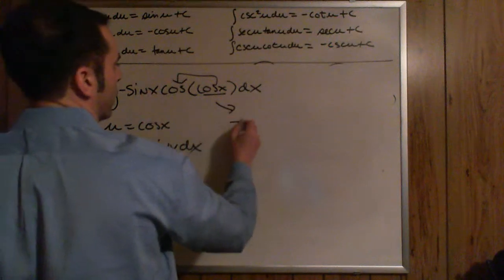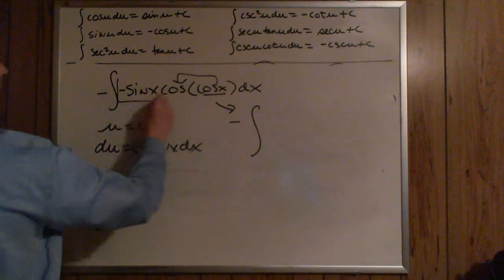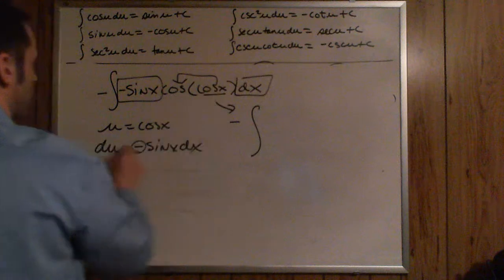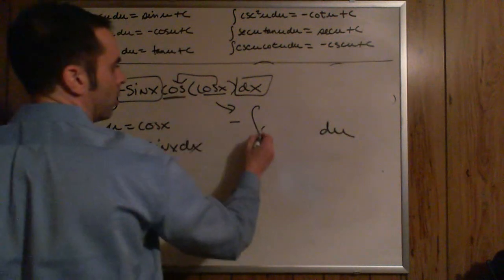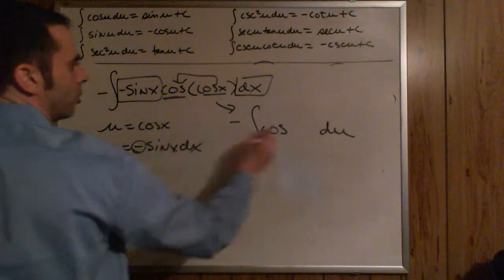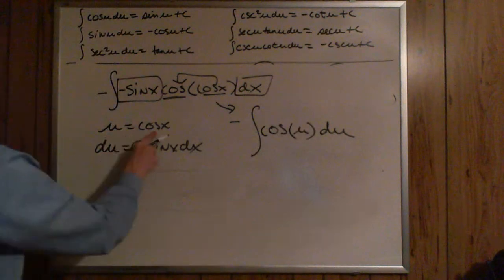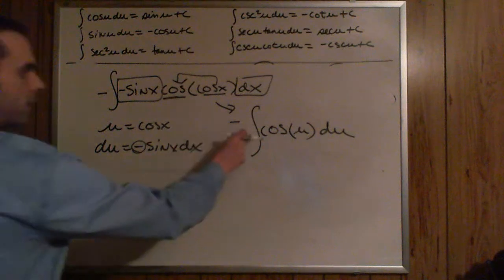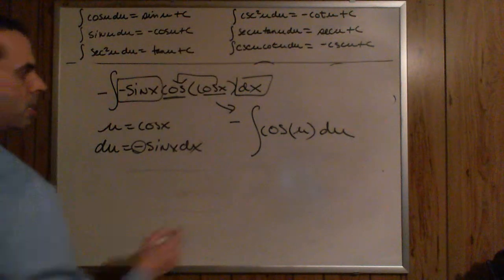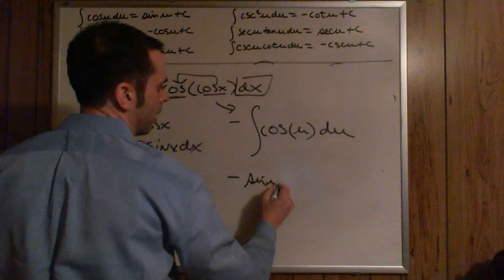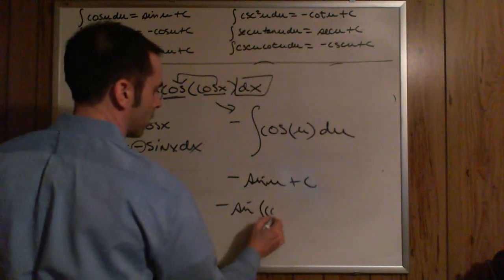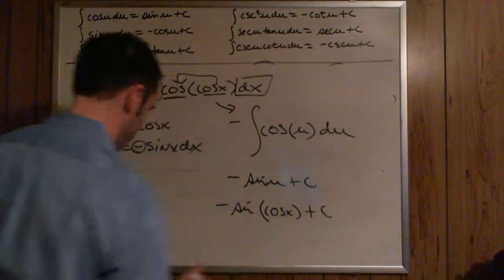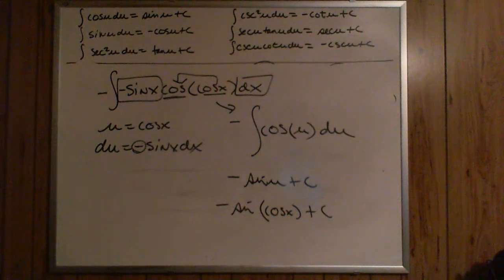And this negative sine x and this dx would become my du. And this would now become cosine of u, because I let u be equal to cosine x. And this is one of my 6 forms up here. So this would become negative sine u plus c, which is negative sine of cosine x plus c, the most general antiderivative.